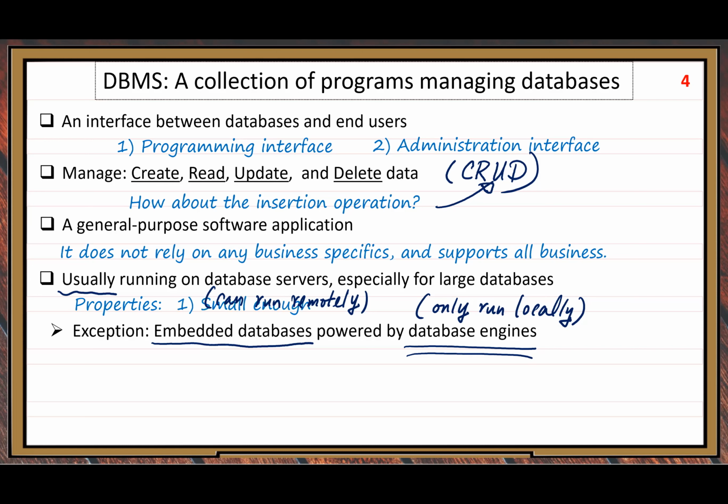Properties. First, small enough. Embedded databases should not be too big, because usually you run them locally in an electronic device. If your database is huge, that may not be appropriate.